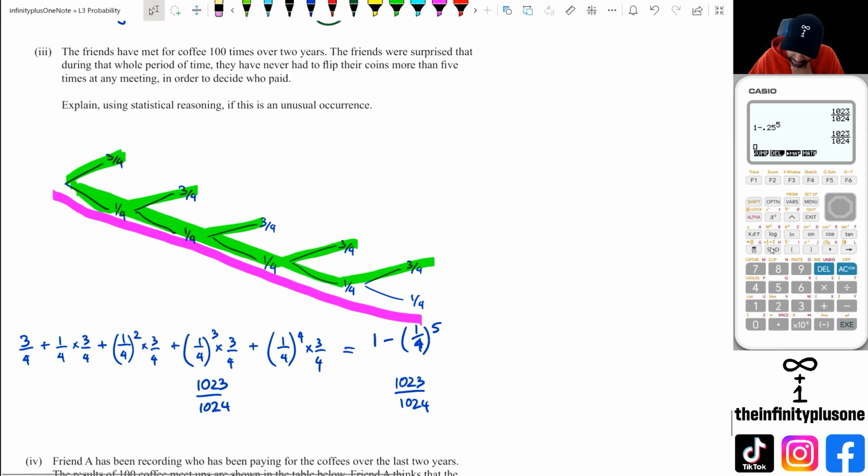So if we look at expected times, if we actually go 100 times the probability, I just realized that actually no, it can't be times this probability. This probability is that they never had to pay. So we've actually got to do 1 minus that. So 1 minus 1023 over 1024 is going to be 1 out of 1024.